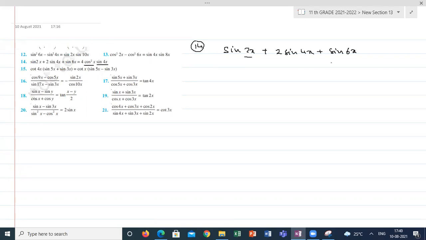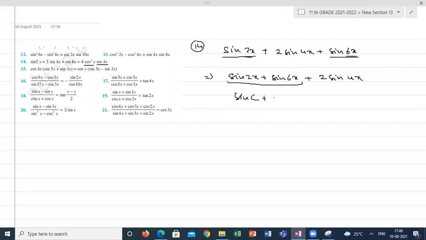If I am taking 2x and 6x, the sum is 8x and half of it is 4x. The subtraction is 4x and half of it is 2x. So it's better to take these two as one expression and proceed: sine 2x plus sine 6x plus 2 sine 4x. This expression I am considering for solving.